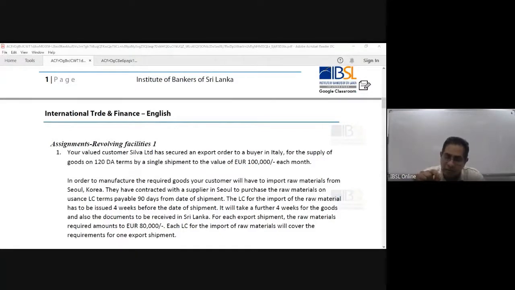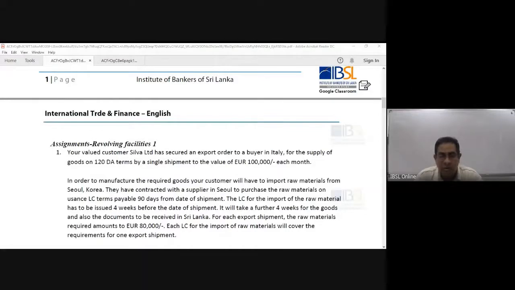But in case of CIF and CFR, they have to contract for carriage up to the port of destination. In case of CIP and CPT, the seller has to contract for carriage up to the place of destination, not to the port of destination, but to the place of destination. His contract will not be over once the goods reach Colombo port, but he has to go further from Colombo port to a landlocked place like Kelaniya or Wattala, anywhere.